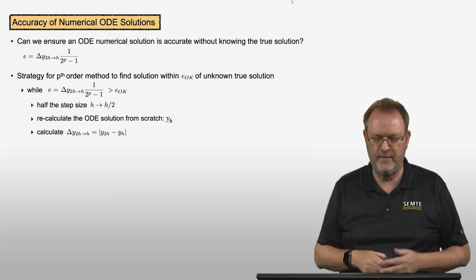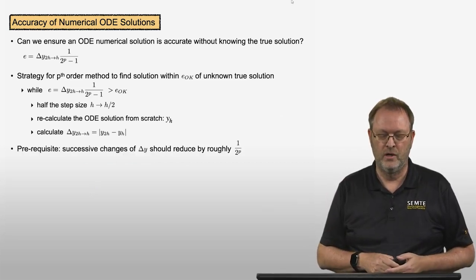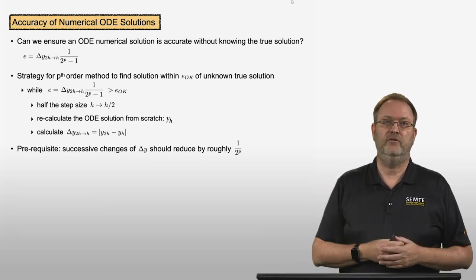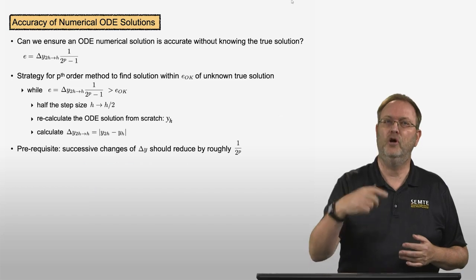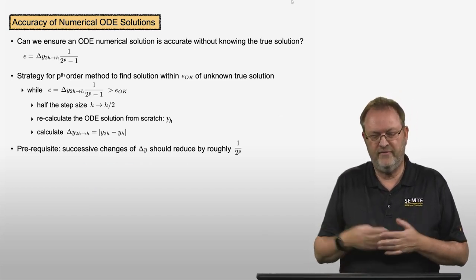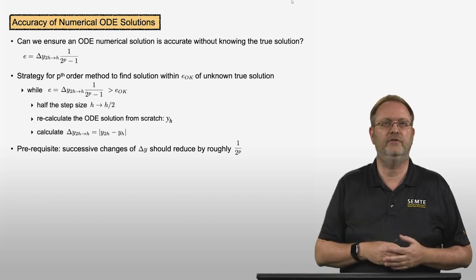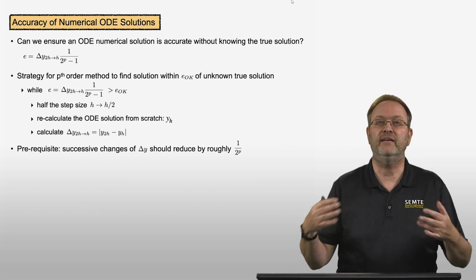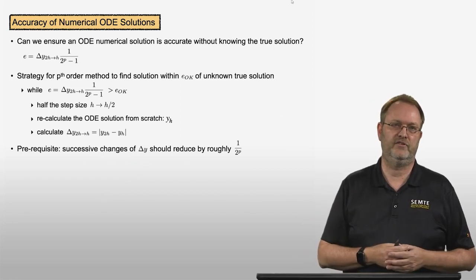And I'm just going to take the absolute values of this. And then we can calculate the new error in the while statement. And we keep on going until this statement of the change in y values times 1 divided by 2 to the power p minus 1 is no longer greater than our acceptable threshold.